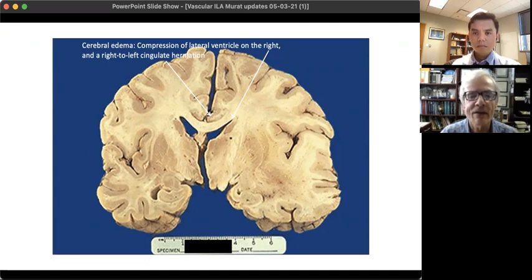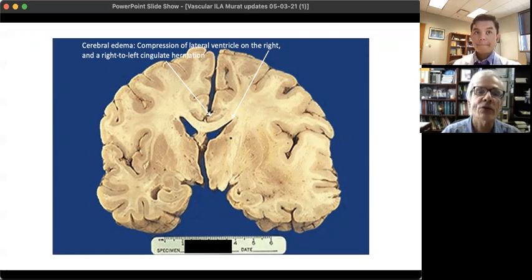Note that the symmetry is gone in the brain, and the right side of the picture, that hemisphere, I'm not calling it the right hemisphere because I don't know which way it was placed, is a lot larger compared to the left. Because there seems to be something going on there, there is edema, and in the white matter there is some tan brown discoloration, probably representing a lesion.